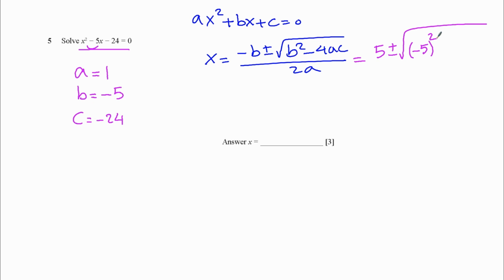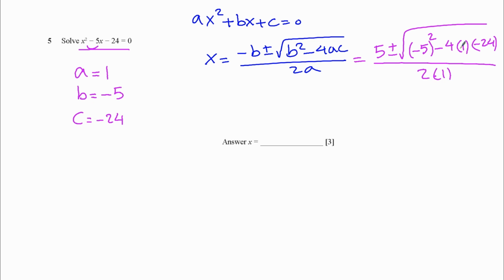Now I'm going to write minus 4 times a, which is 1, times minus 24, all divided by 2 times 1. So in here, 4 times 1 is 4. 4 times minus 24 is minus 96.